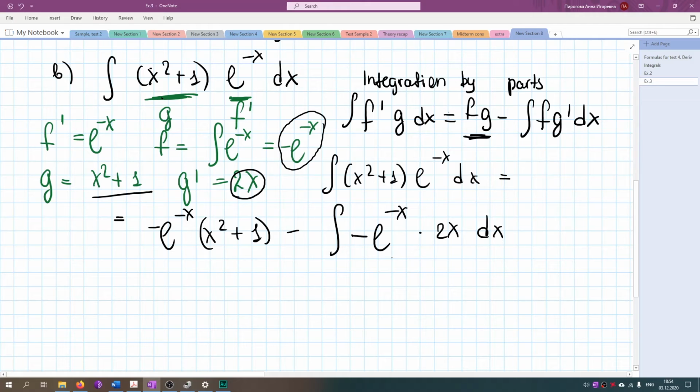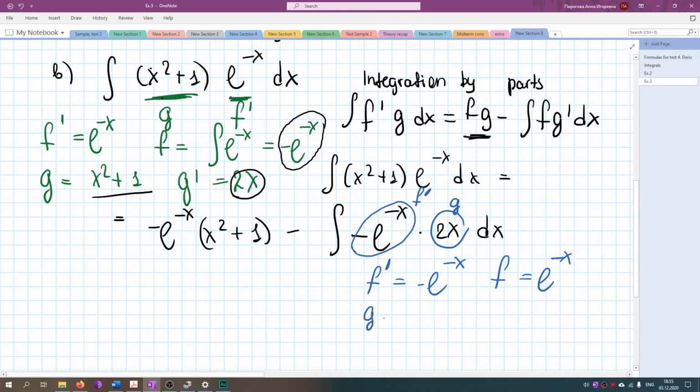And in this case we can take this part as the derivative of the f function, and our initial function f is equal to e in the power of minus x, and g function, so it was the derivative and it is the g function, and g function is equal to 2x, and the derivative of the g function is equal to 2.